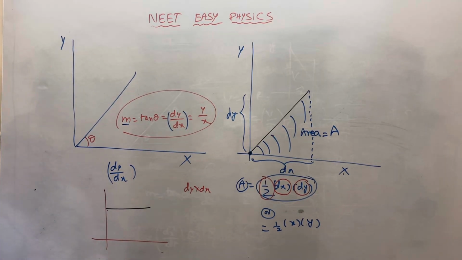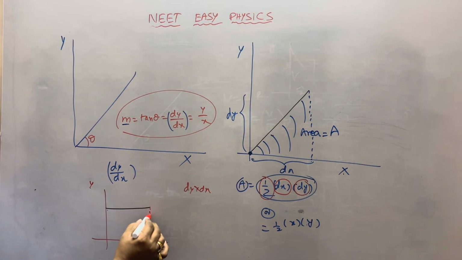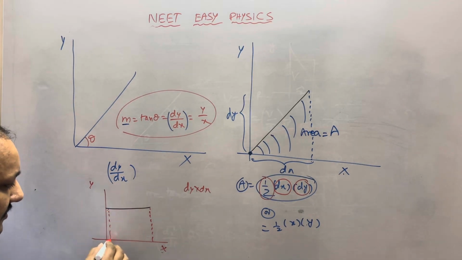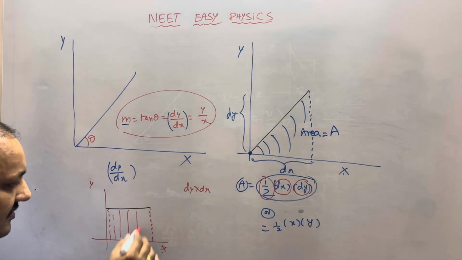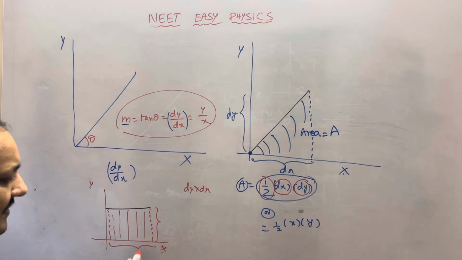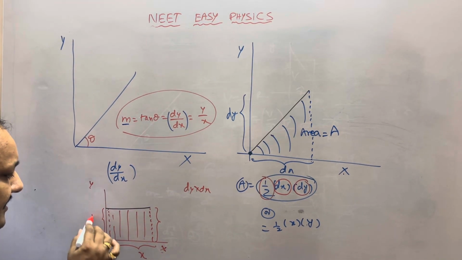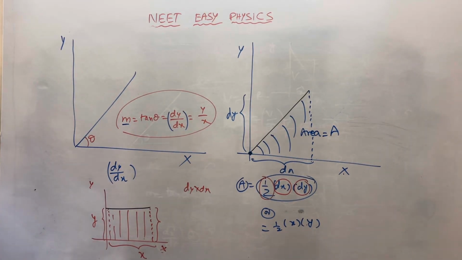Then again, whenever they ask a problem, this is the area. What is the area of this one? Length into breadth. Here breadth is x and length is y, either y or dy, either x or dx.